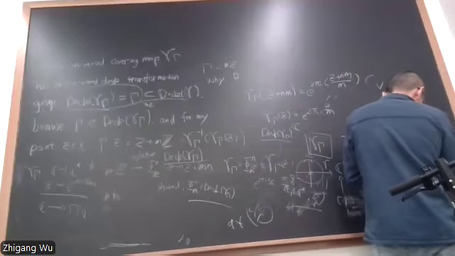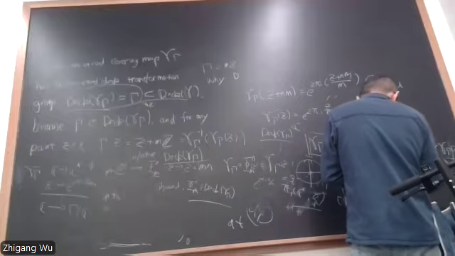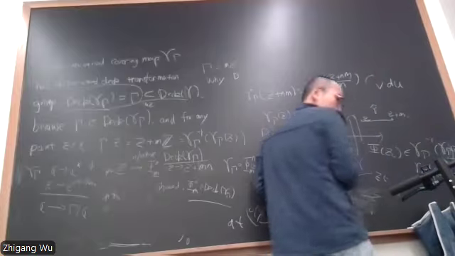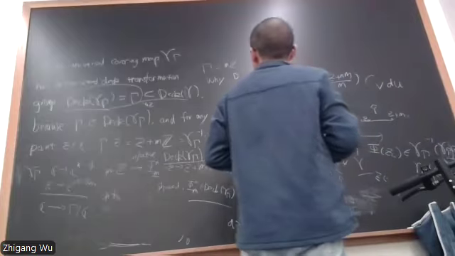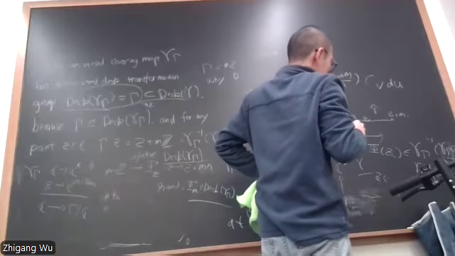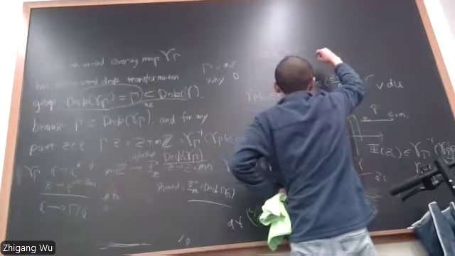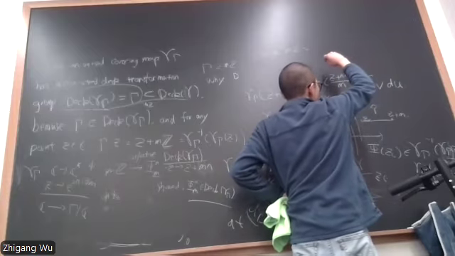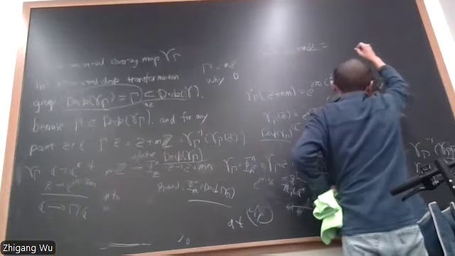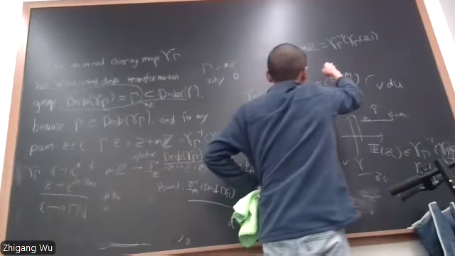So what are the possible pre-images? For any z, let's claim that mz is equal to the following, and let's check it.